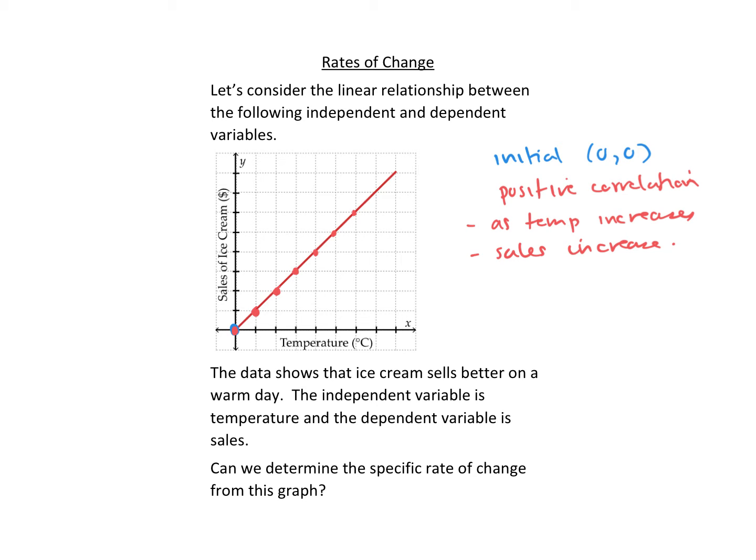So it looks like as it gets warmer outside, I sell more ice cream. That is the only thing I can determine from this graph. There are no values on the x and y axis, so all I know is there's a positive correlation. There's a positive rate of change because as x increases, y increases. So we can't determine the specific rate of change, but we can overall look at the positive correlation.